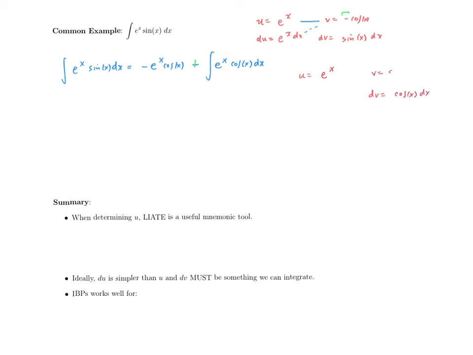So v is sine, an antiderivative of cosine, and du is e to the x. So just kind of cutting and pasting down, we have minus e to the x cosine x plus an integration by parts tells us uv, so e to the x sine x, minus the integral of v du.